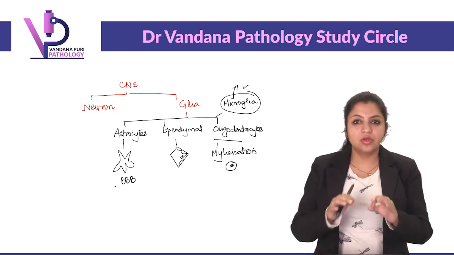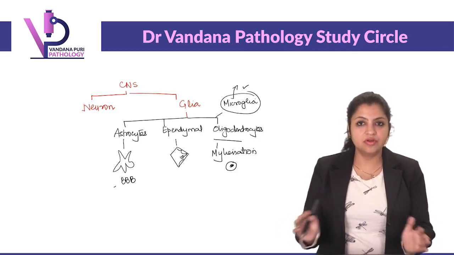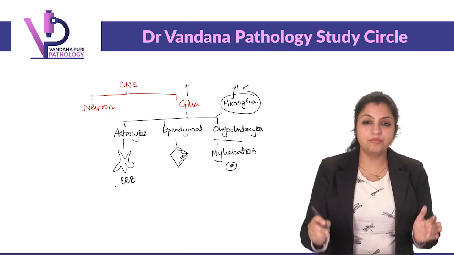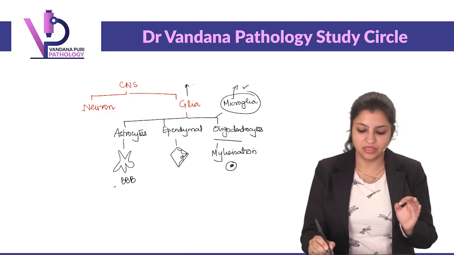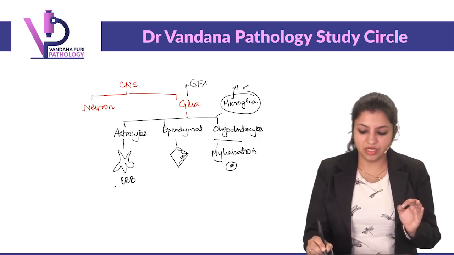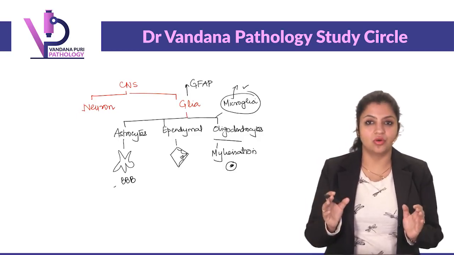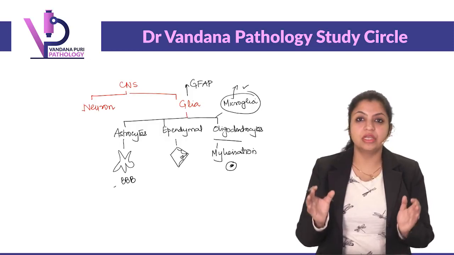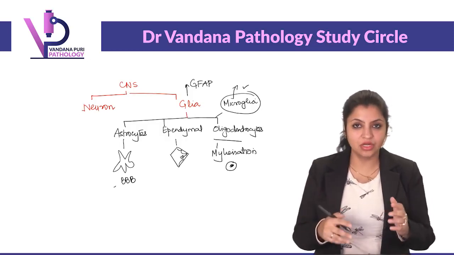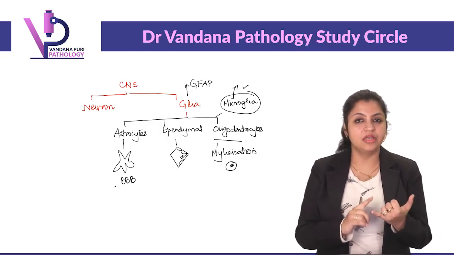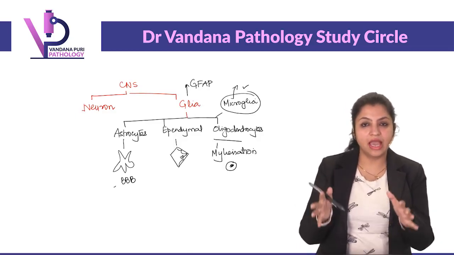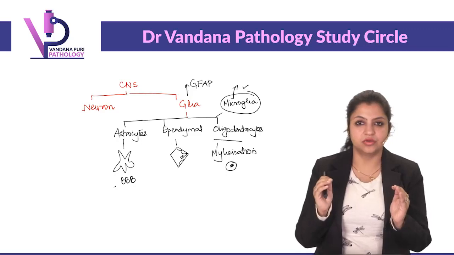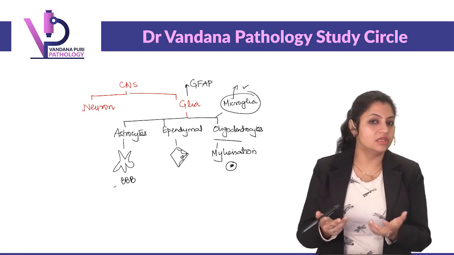Any glia cell has a particular intermediate filament, and the intermediate filament of glia is called glial fibrillary acidic protein, GFAP. So any glial tissue has GFAP in it.